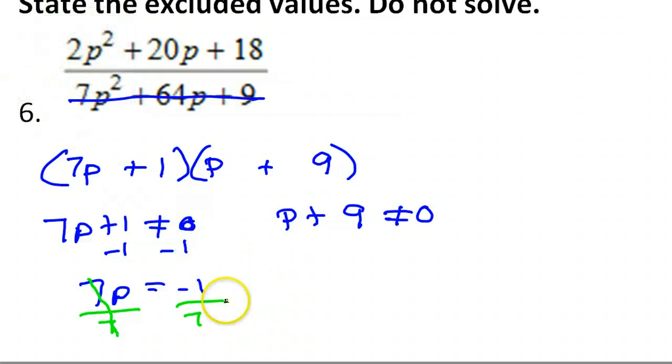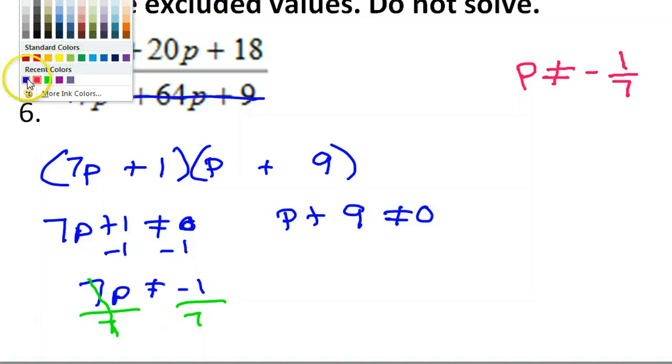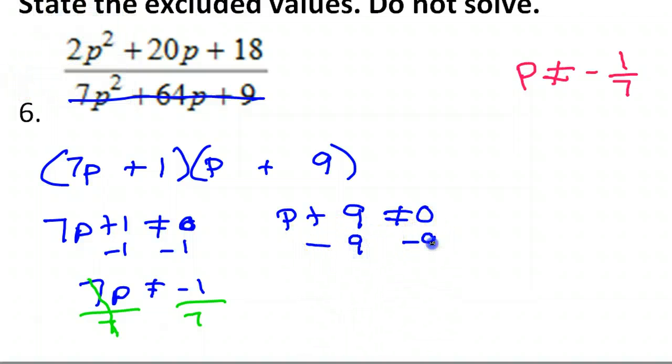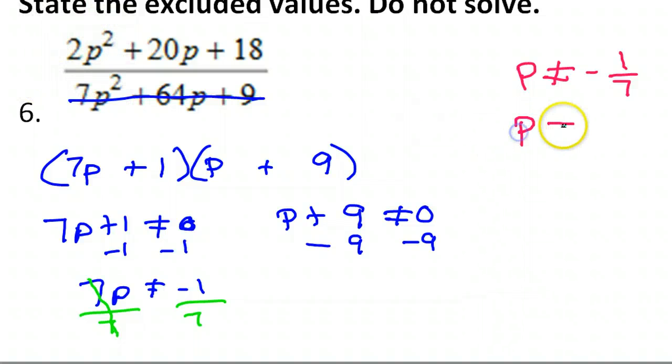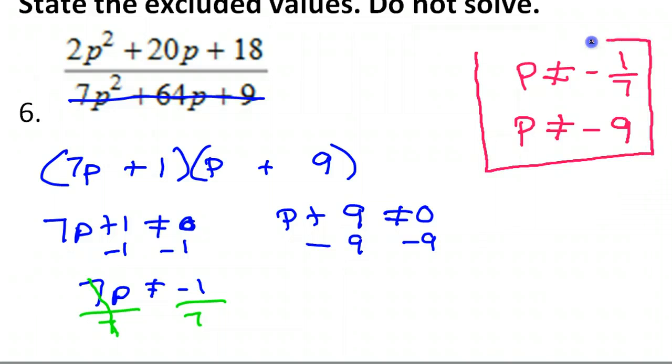That's going to give me that p cannot equal negative 1/7. Let me write it over here with the final answers. So p cannot equal negative 1/7. And from right here, simply subtracting 9 from both sides, p cannot equal negative 9. So these are the excluded values, and that's all we were supposed to find for number 6.